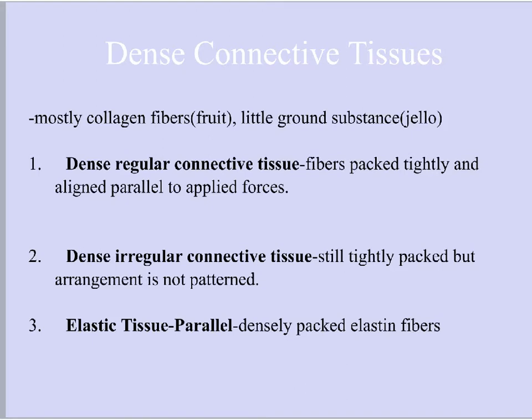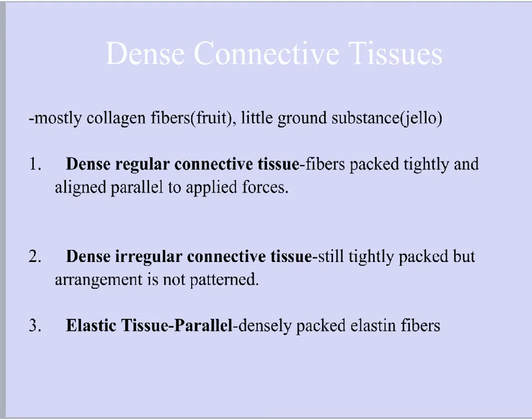Within dense connective tissue, there are three types: dense regular connective tissue, dense irregular connective tissue, and then elastic tissue. Let me just draw some fibers here for you, just so you have an idea of what they might look like in each one of these tissues.